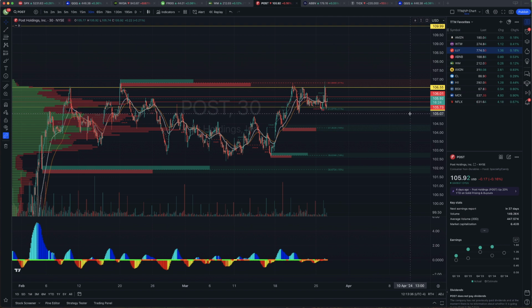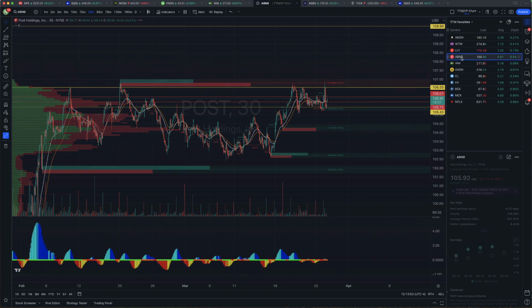You could buy the 105s for a lot more money, but you'd be in the money. That's an interesting trade there.